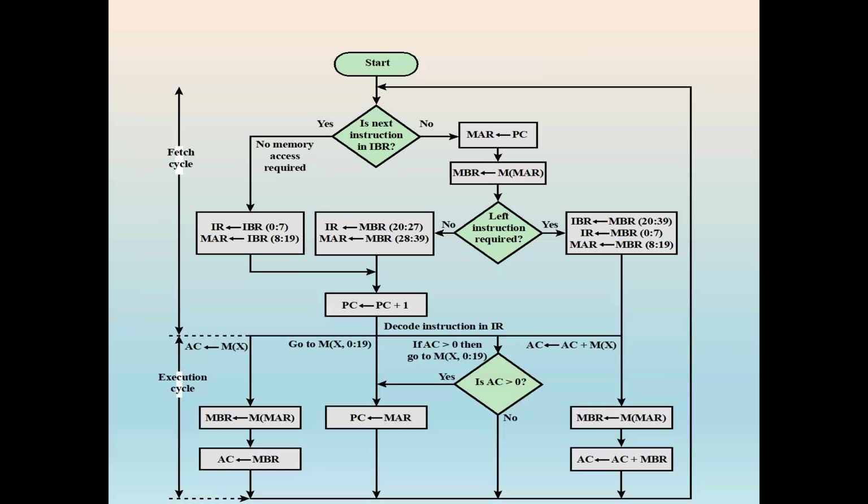Once the opcode is in the IR, the execute cycle is performed. Then the control circuitry interprets the opcode and executes the instruction by sending out the appropriate control signals to cause data to be moved or an operation to be performed by the ALU.